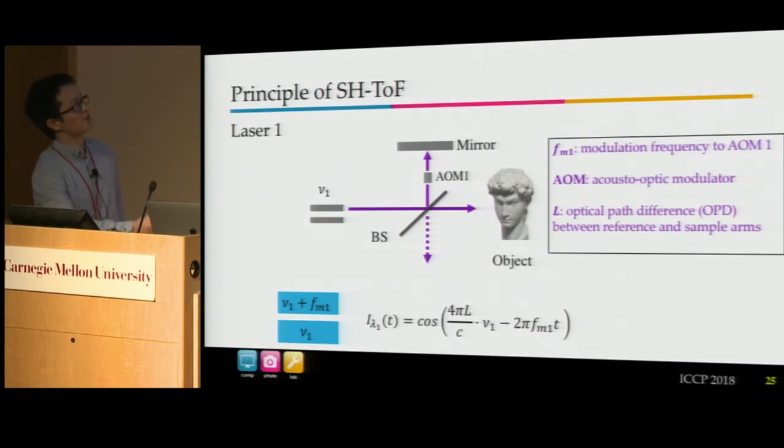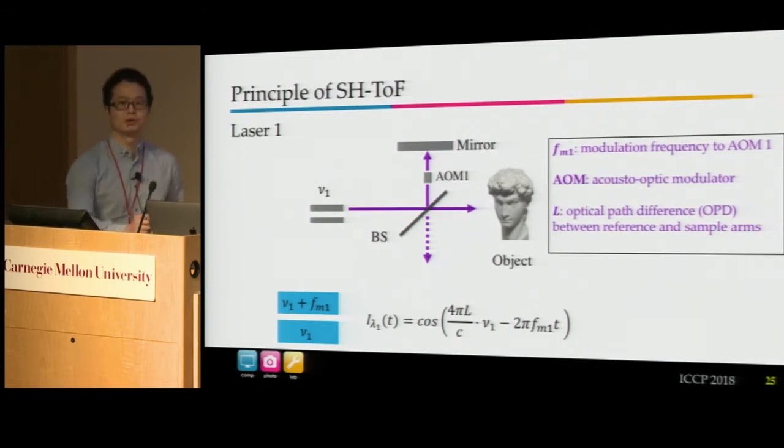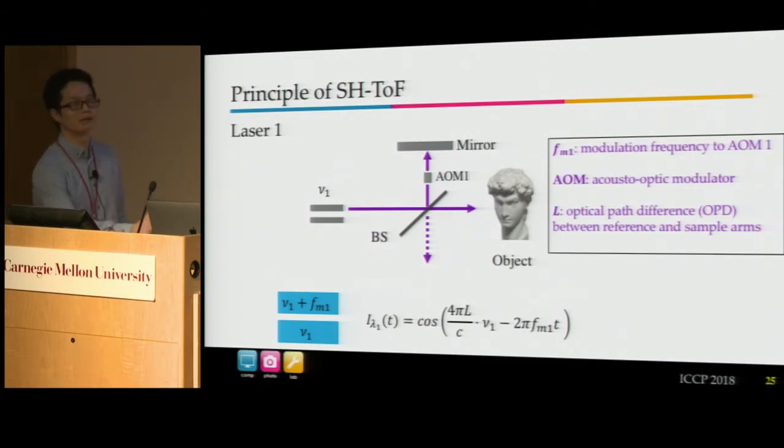So at the detector, of course, we will get this interference signal, and in the signal, as you can see here, this is the phase introduced by the optical path, and L is the optical path difference between the sample arm and the reference arm, and that component is going to encode the depth information, and that is what we are interested in. And FM1 is the frequency introduced by the AOM.